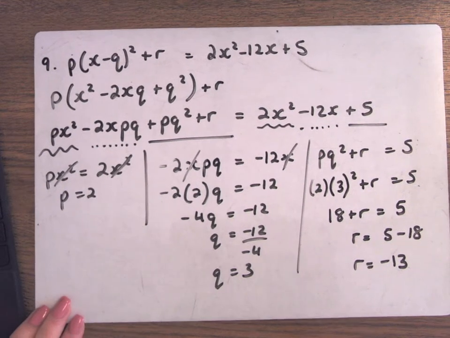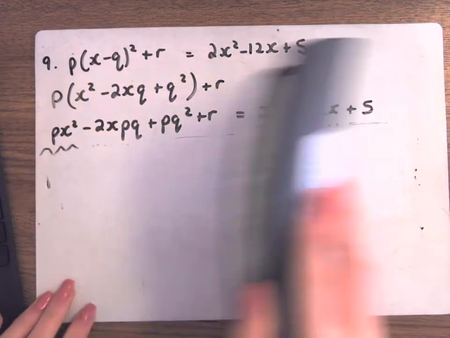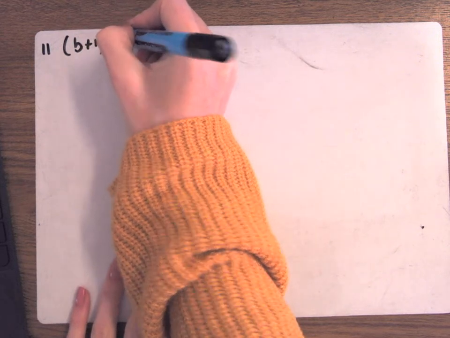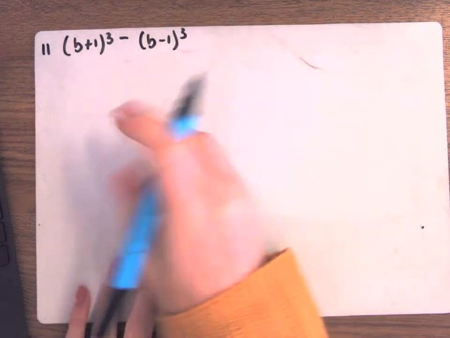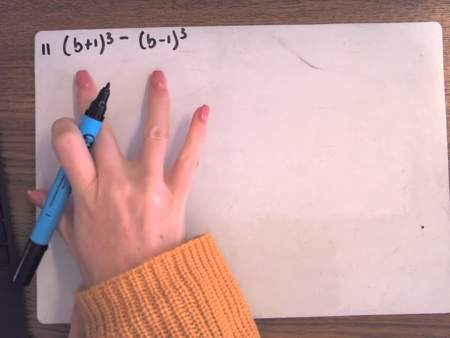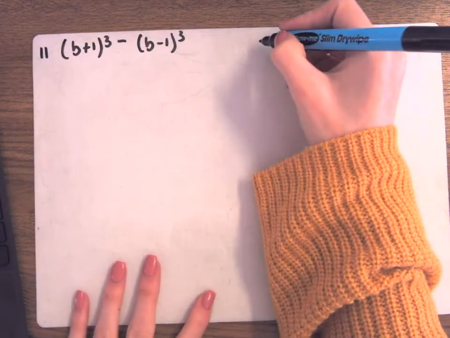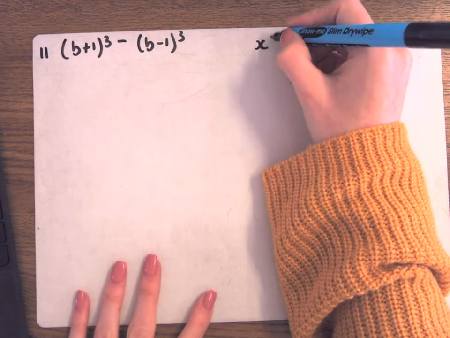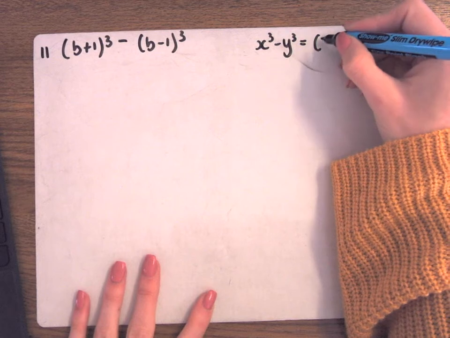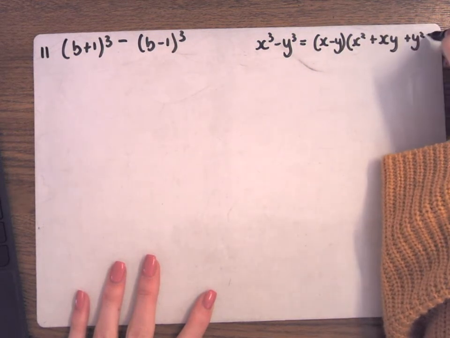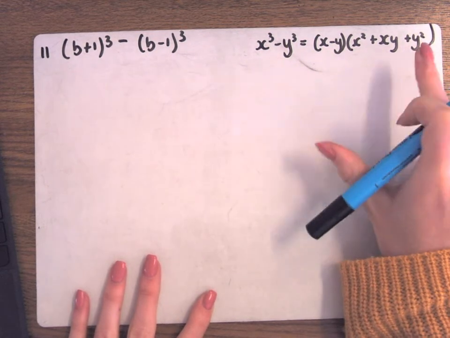Okay, so we'll do it. Okay, so 11. If you look at 11, you can see that it's the difference of 2 cubes. Okay? Difference of 2 cubes. So my difference of 2 cubes formula was same sign, opposite sign, always positive.